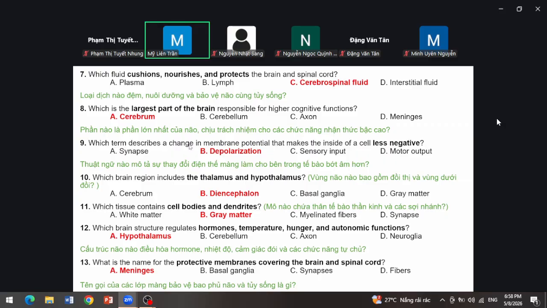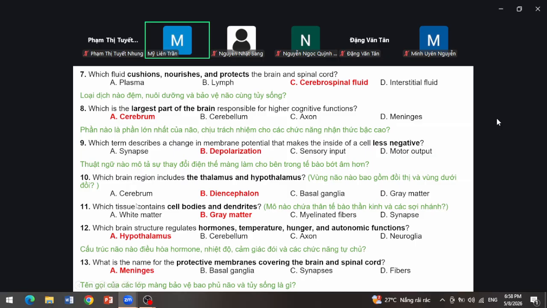Depolarization describes a change in membrane potential, makes the inside of the cell less negative. 10. Diencephalon includes the thalamus and hypothalamus. 11.